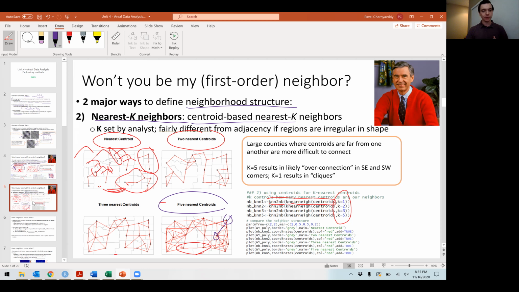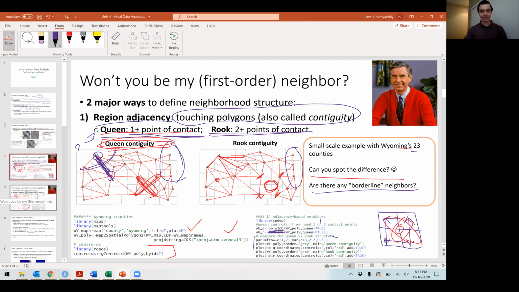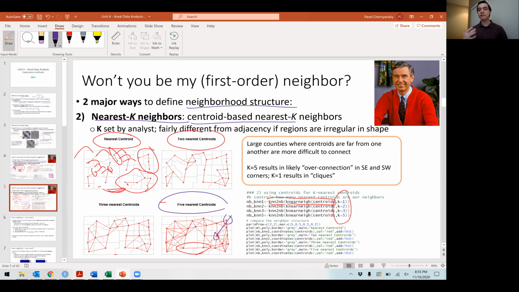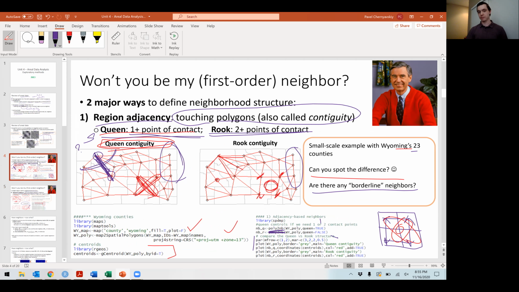If you're asking me what I do, I use the queen contiguity, and that is from reading the literature, what other statisticians seem to do. When I talk to geographers, they often tell me that it's too simple. It's too simple to claim that if 2 counties are sharing a single point of contact or 2 points of contact, they're somehow related. So there are much more complicated ways of specifying neighborhoods. We are an introductory class.